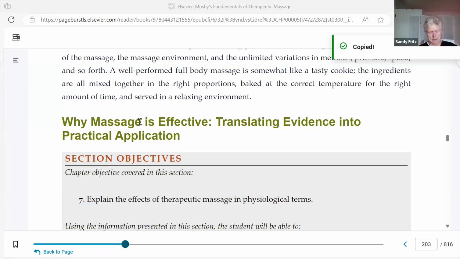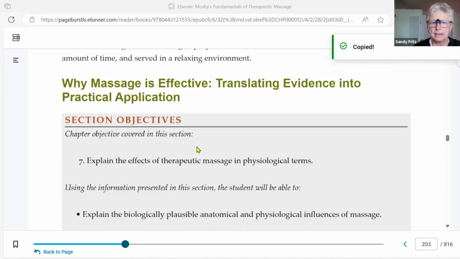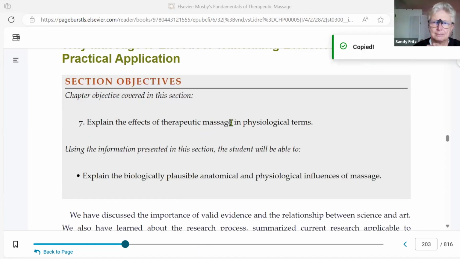So this content has to do with how you are going to think about your treatment planning and, in some ways, your documentation, and how you are going to critically think about a care plan for a client, and what is biologically plausible and you can have a confidence level in.